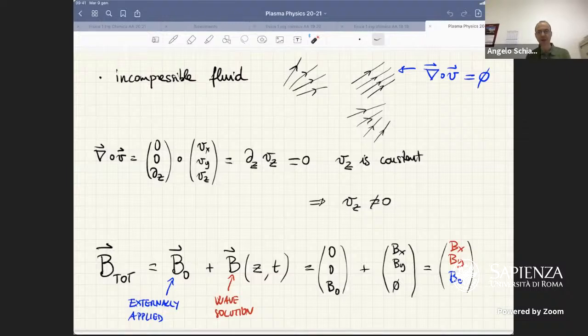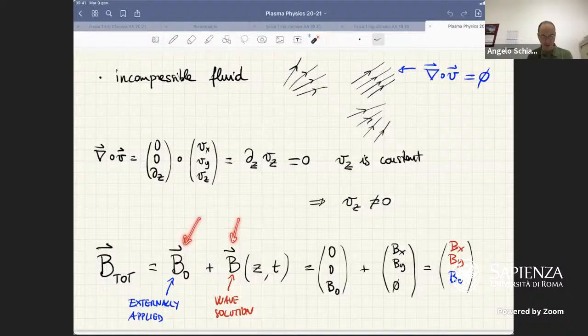In this case, then, we decided to distinguish between the external applied B field and the B that is arising from the phenomenon of the Alfvén wave, which actually is propagating along the B field lines. And since it's not a perturbation anymore, it can be very large in amplitude, so we have to consider in the dynamical equation for the electrons not only the externally applied field, but the contribution of the B field of the wave solution as well.